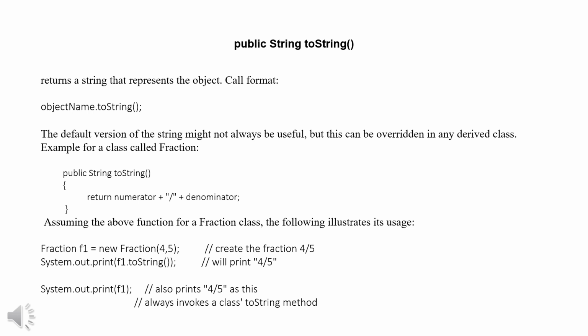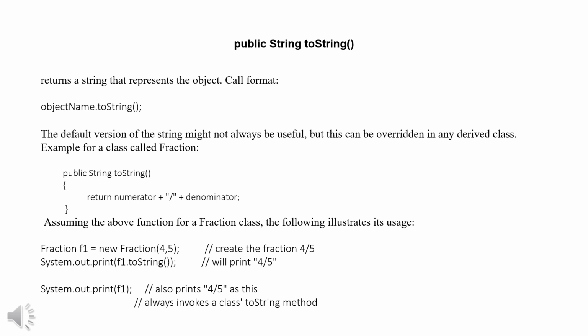As I mentioned before, all of the classes in Java inherit from Object, and Object already has three methods, one of which is toString. So all of the classes in Java already have this method, which means it can be overridden in any derived class.